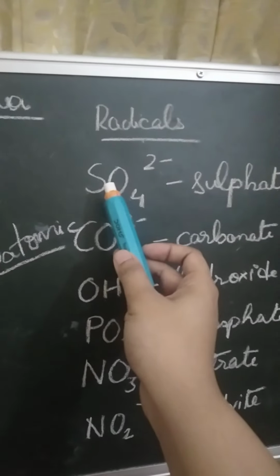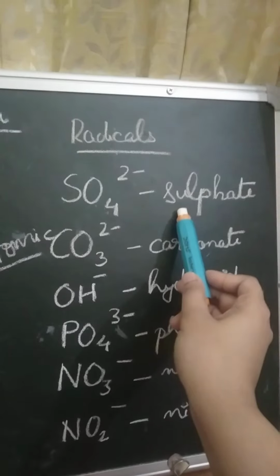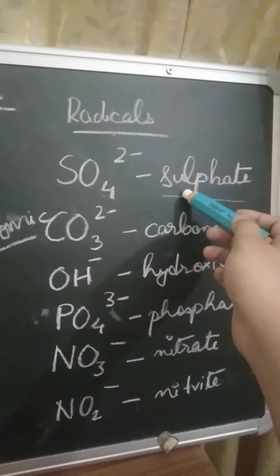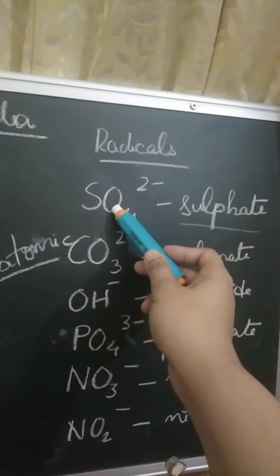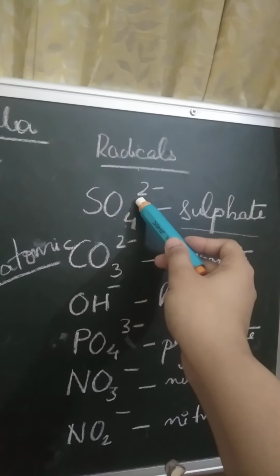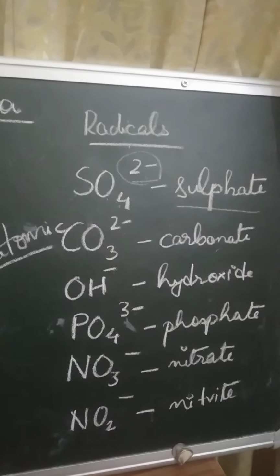As you can see, this is known as SO4 2 minus, it is known as the sulfate radical. In this sulfate radical, you can see there is a sulfur atom and an oxygen atom. Both of them carry a common charge of how much? 2 minus. Is it clear?